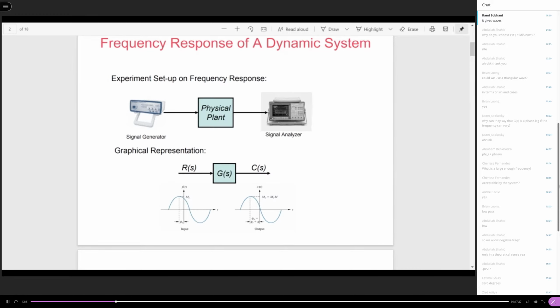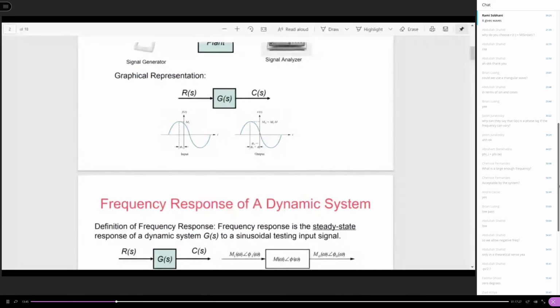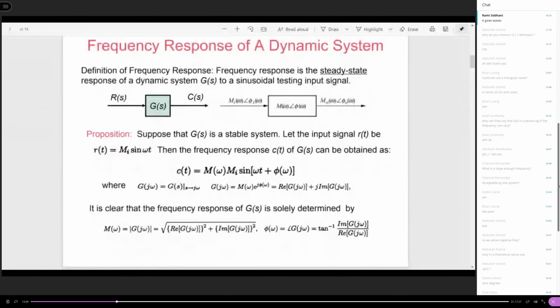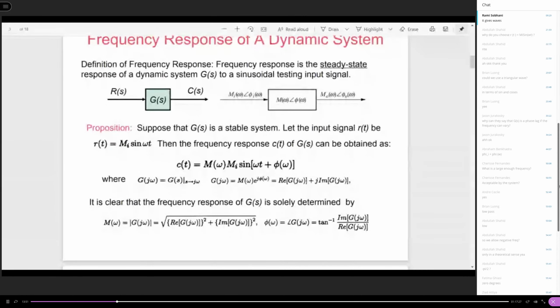Then, what exactly is the frequency response? We talk about the definition. This definition might come from math, but it does carry a physical interpretation.